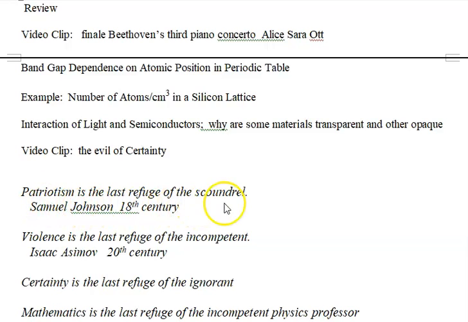Patriotism is the last refuge of the scoundrel. And in the 20th century, Isaac Asimov, famous scientist, had a paraphrase of that: Violence is the last refuge of the incompetent. I ask students to think about that and come up with your own versions.